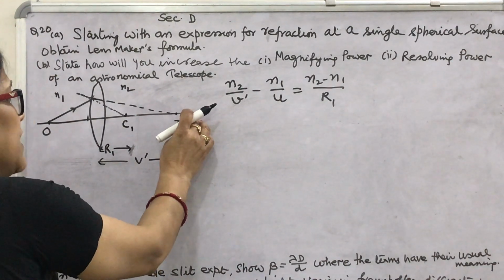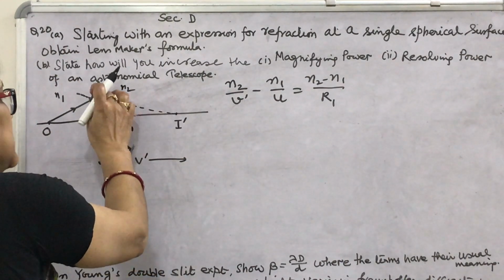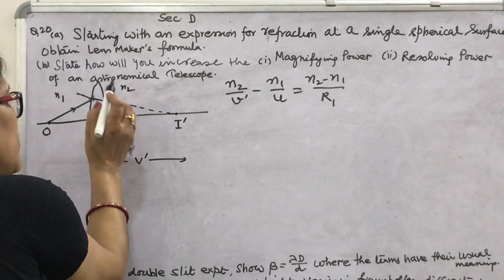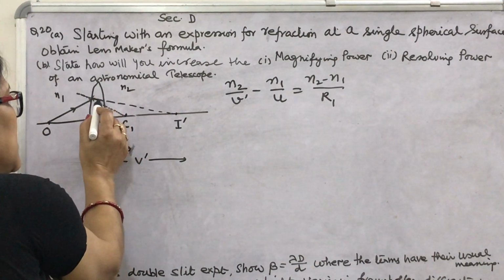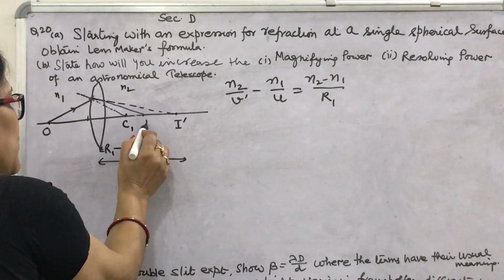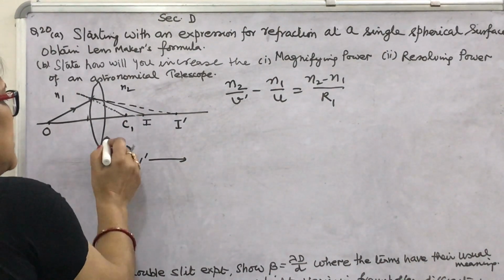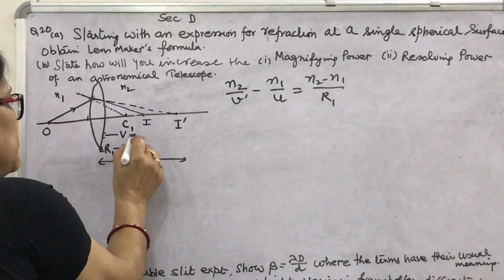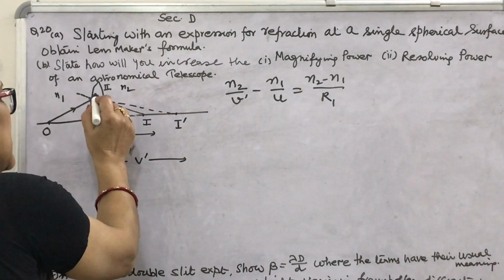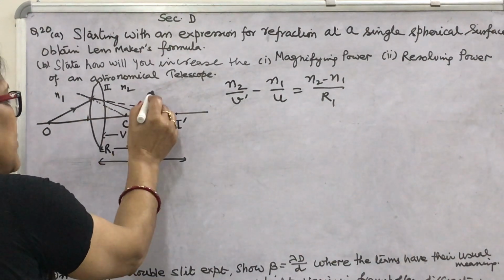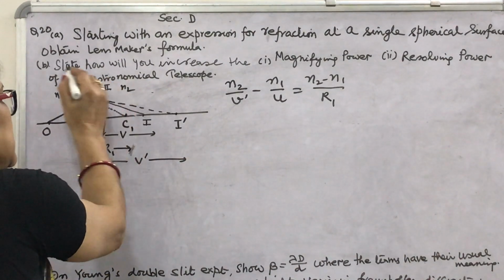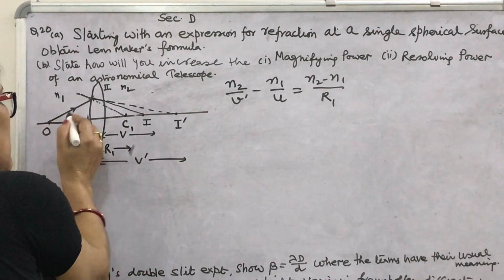This I dash will act like the object for this second surface and the final image will be formed at point I. So this will be the distance V for this second surface, here it will be N2, here it will be N1, and the radius of curvature for this second surface will lie on this side.